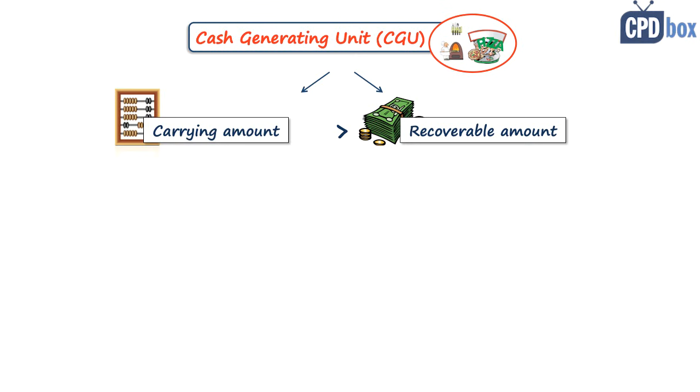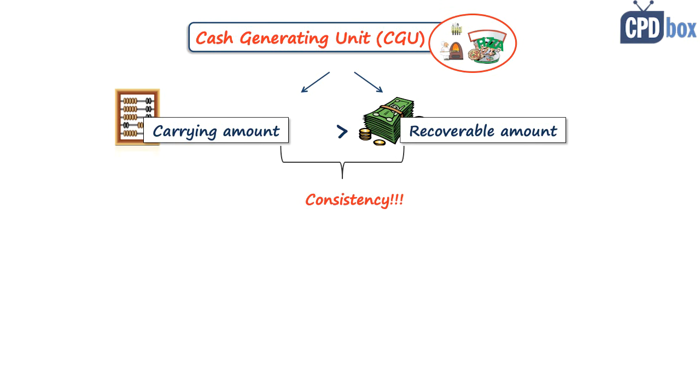But because we are not dealing with one item, but with a group of items, we must take care to be consistent. So whatever items you include in the calculation of the carrying amount of your cash generating unit, you must include the same items for the purpose of calculating recoverable amount.